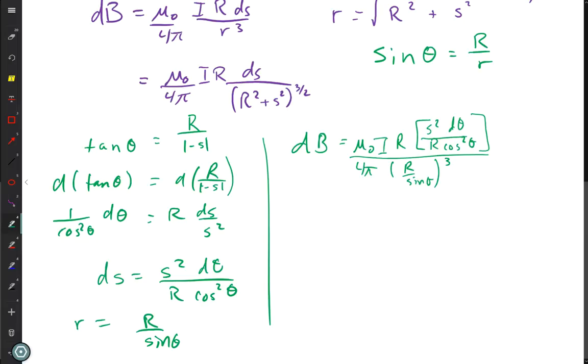But now I have one more thing to worry about. What did I do along the way? Did I make a mistake? Well, no. Okay. I added the s squared.